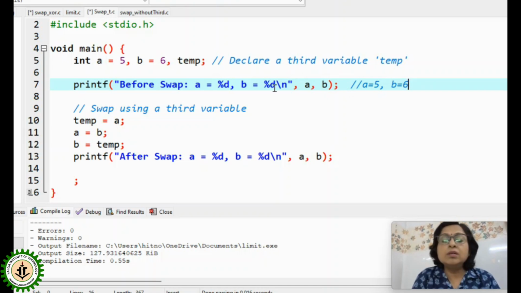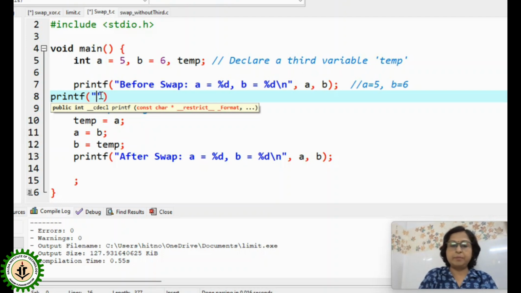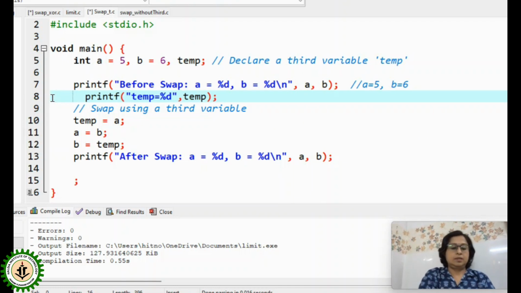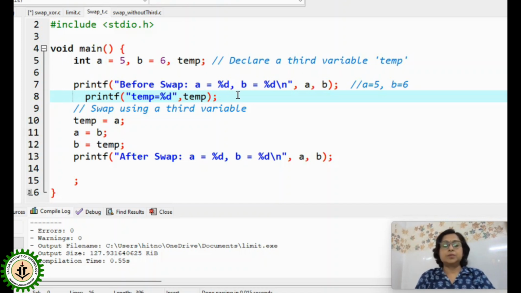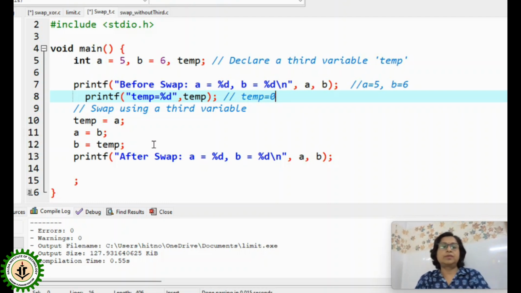Though we have not printed the temporary variable, if we want to see the value of temp, we will give a print and we will be able to see it. When no value is initialized, it is basically 0 in this compiler environment. So here we expect that temp will be 0.